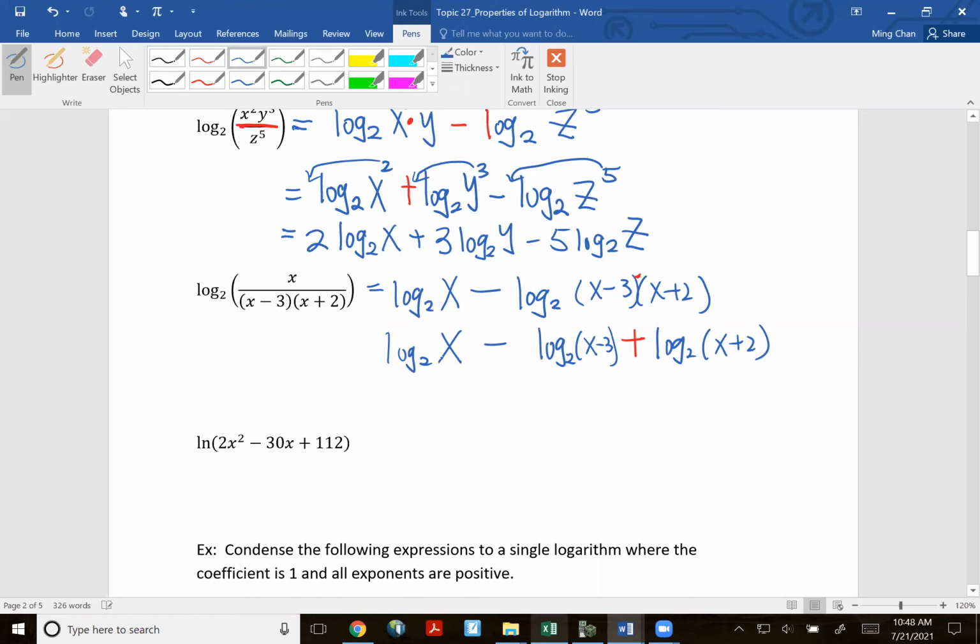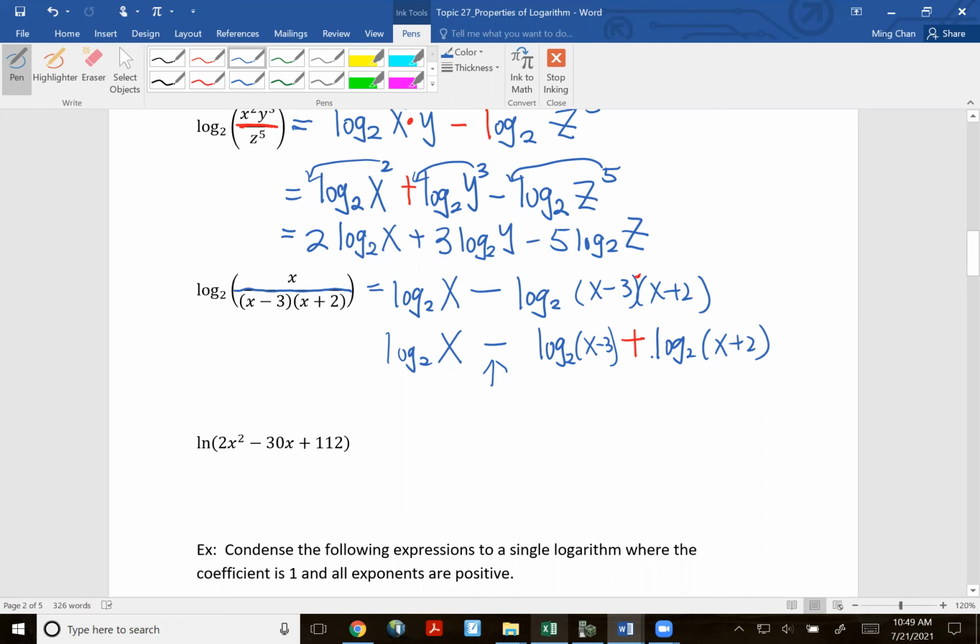Okay, a lot of people say this is the answer, but this is actually wrong. Because if you think about it, this subtraction is the same as the division, right? This is the same as that. But you gotta be very careful. These last two terms actually were in the denominator.